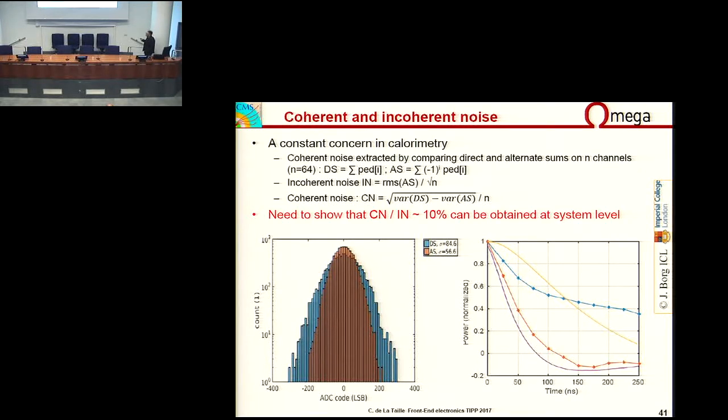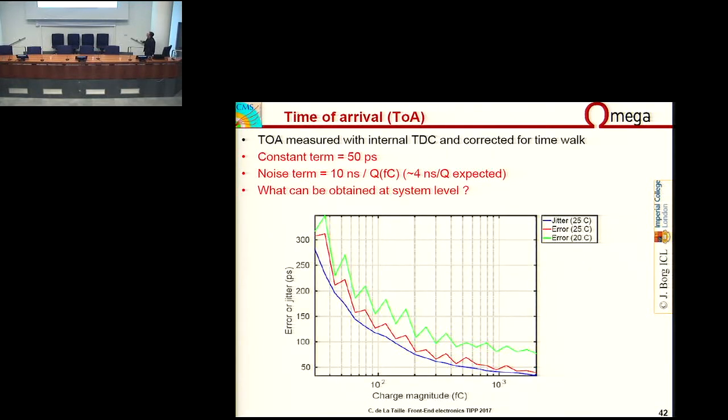Something which is important at the system level is the coherent noise. At first, especially on the front-end board, it's basic, but there was not enough decoupling capacitance, and the coherent noise was just completely crazy on the front-end boards. Well, it has been solved since.